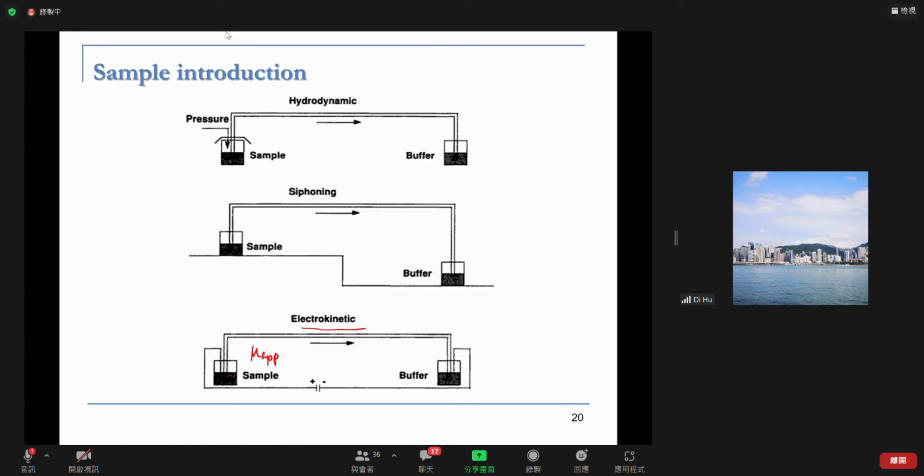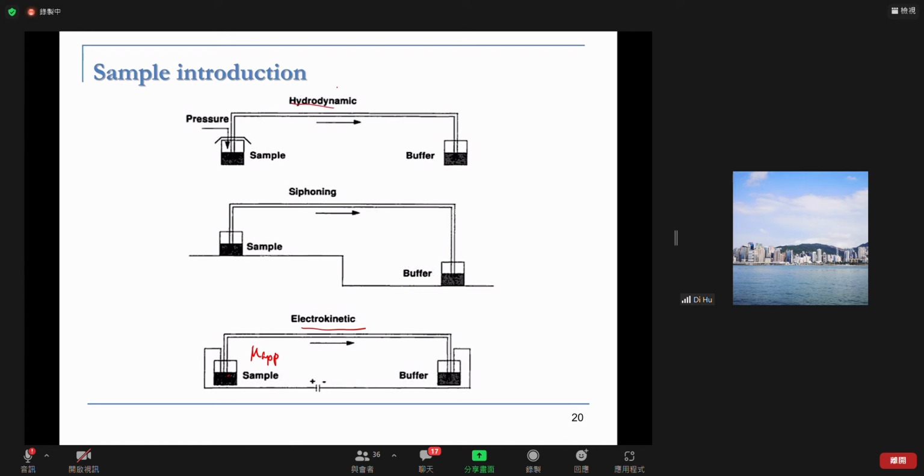That's why it's not the favored method. If you have no choice and still have to use it, try to minimize the influence. To minimize this discrimination, use a lower voltage for injection than the one you use for separation. So that's one option if you have to use it, but this is not really favored.